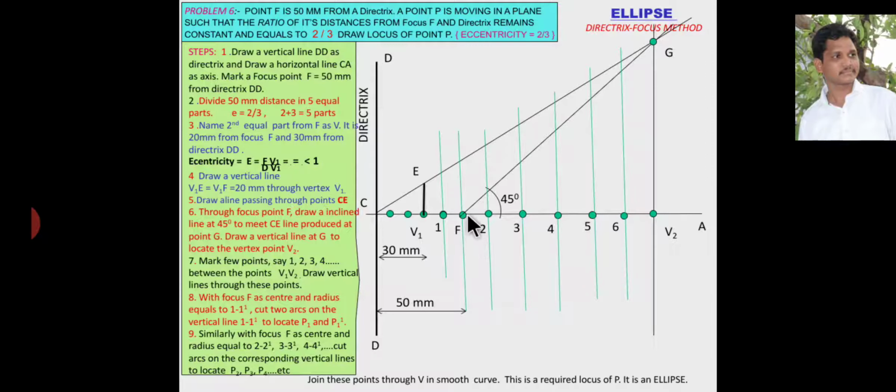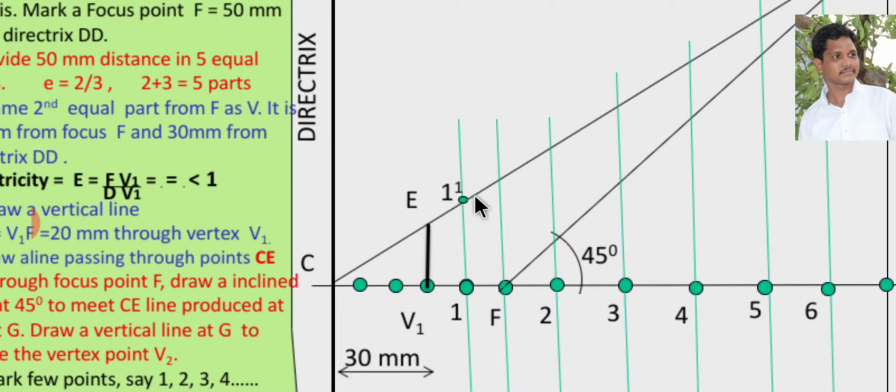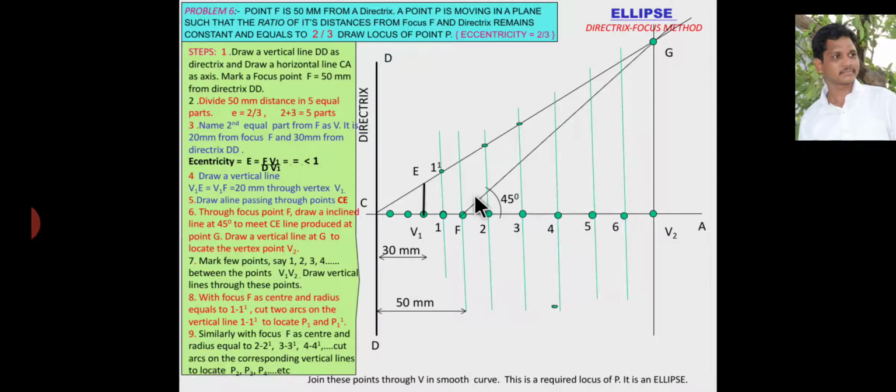Now with focus F as center and radius equal to 1 1 dash, draw arcs.